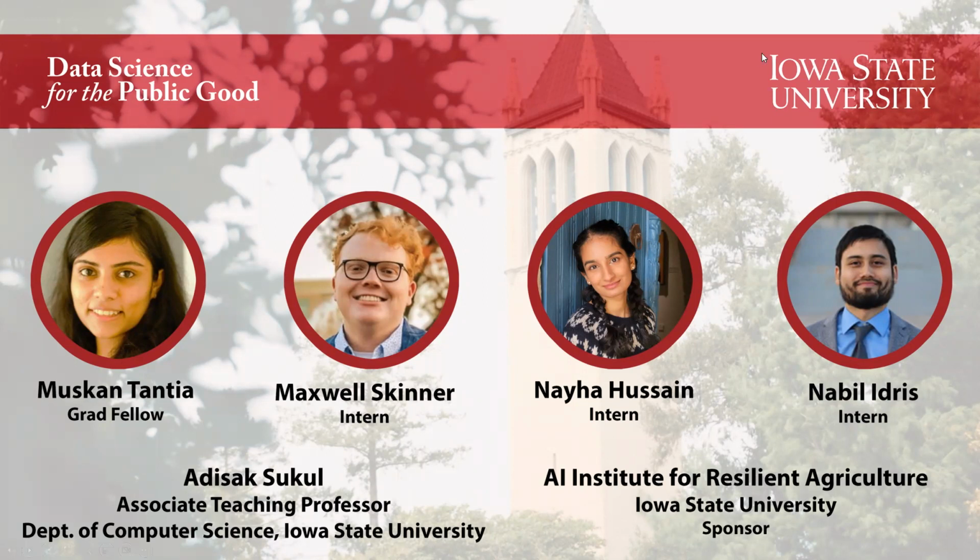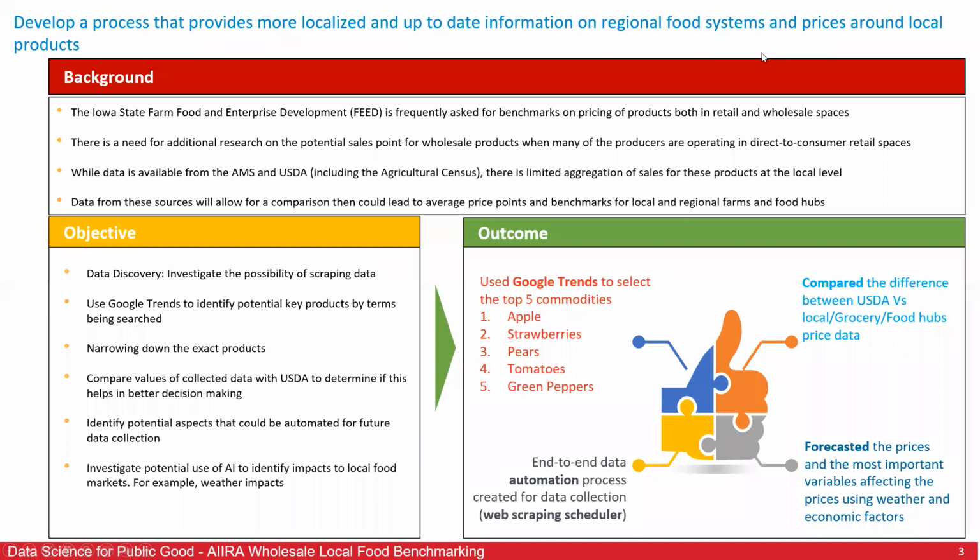The main objective of this project was to develop a process that provides more localized information around price points for local products. Just to give you some background, the Iowa State Food and Enterprise Development team is frequently asked for benchmarks on pricing of products, both in retail and wholesale spaces.